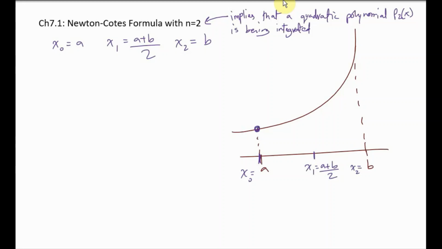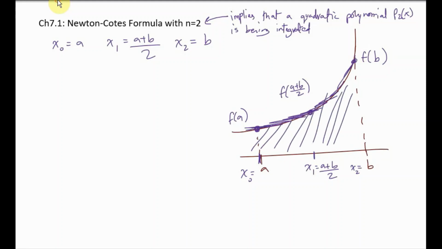That means we have these 3 values: f of a, f of a plus b divided by 2, and f of b. So using these 3 nodes, we can interpolate a polynomial, and this polynomial is going to look something like this. It's a very bad drawing, but essentially it looks something like this, and this is the area under the curve.